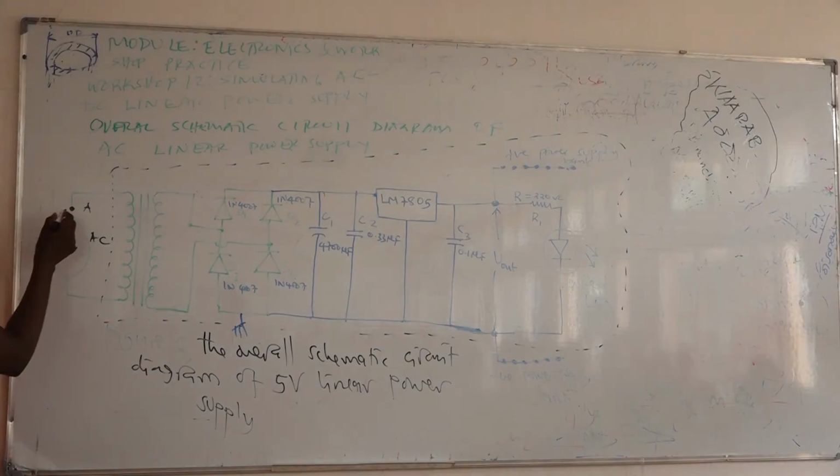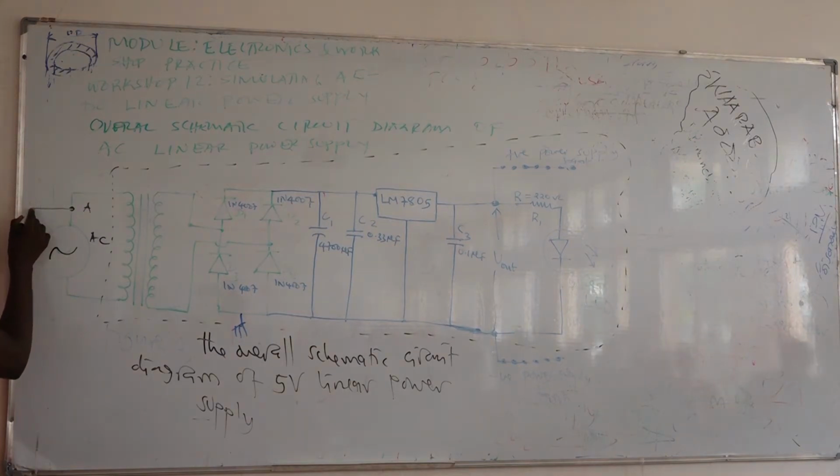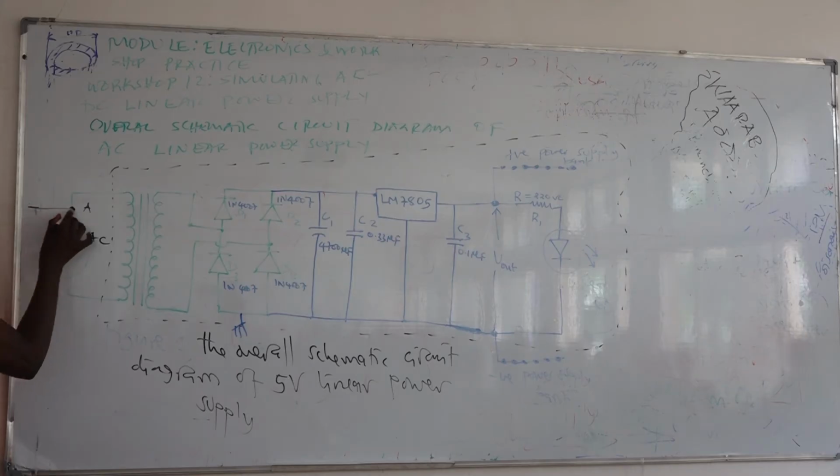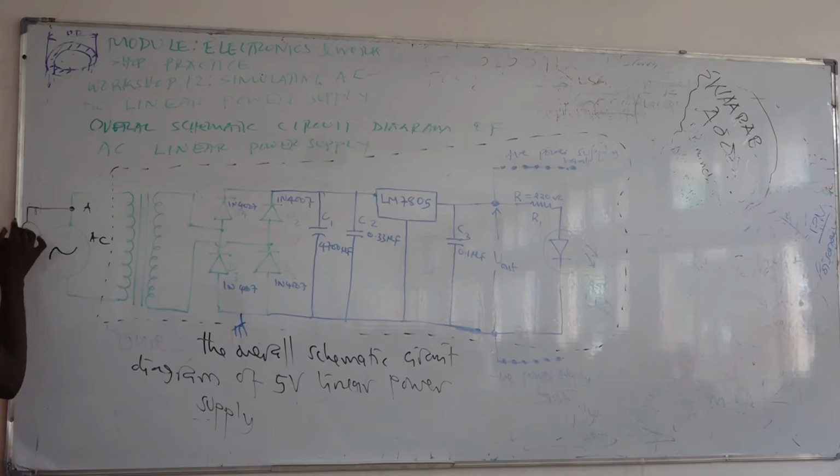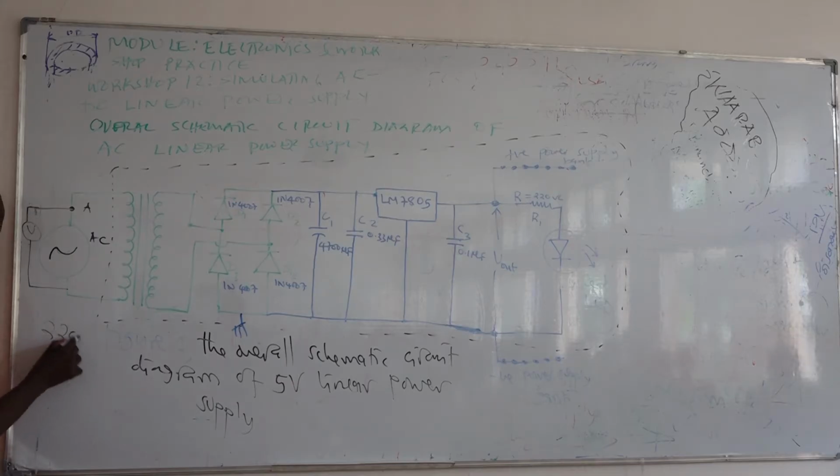For the selection of a good measuring instrument at this point, we need to use an AC voltmeter, to be sure, because our domestic voltage range is 220 volts to 240 volts.